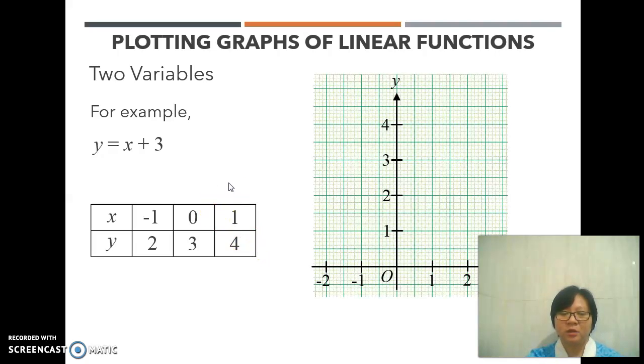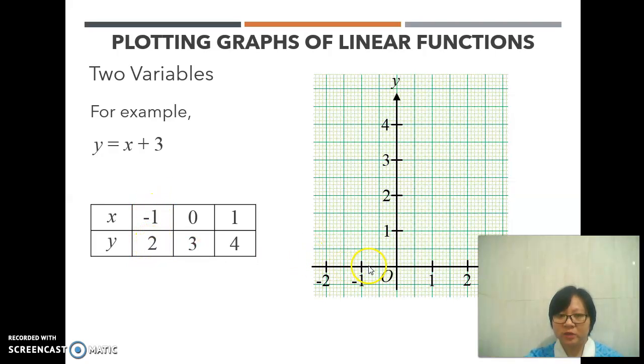I'm using the second and the first quadrant because the x starts from negative to positive, and the y coordinates all have a positive sign. Start from the first point, -1, 2.